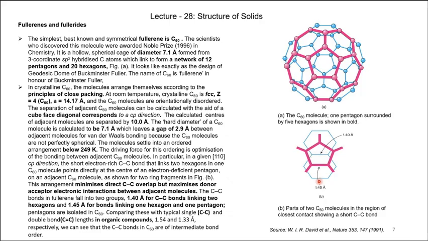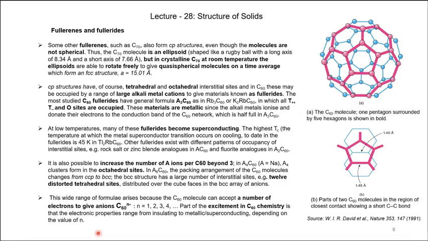Well, we continue with this one and see that fullerene, as we said, is an ellipsoid, almost shaped like a rugby ball. Then it has got room for other atoms.